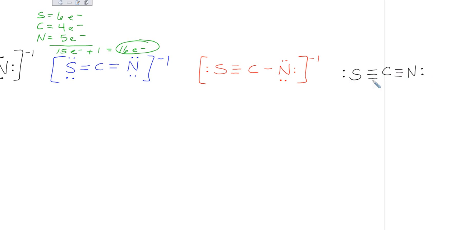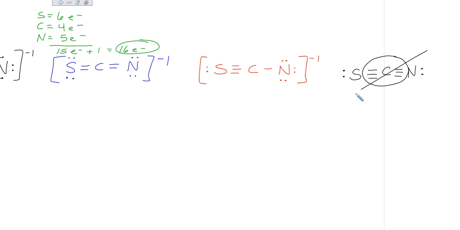Do you see what's wrong? Yeah, I used 16 electrons. But look at carbon. Oh no. Poor carbon. That's too many bonds. Carbon can only take an octet. I gave him way too many electrons.